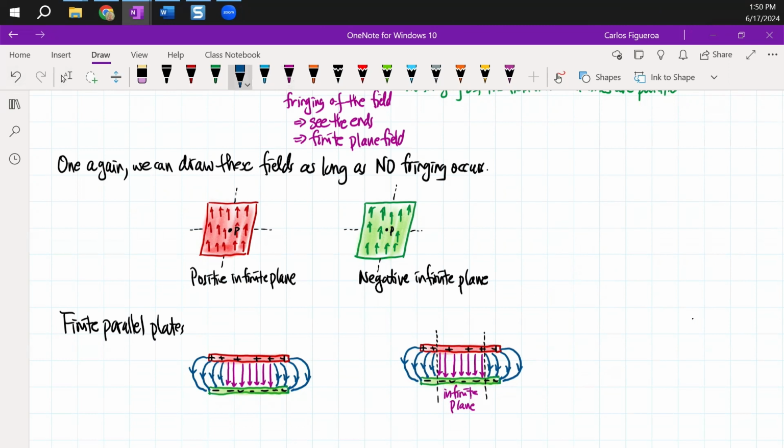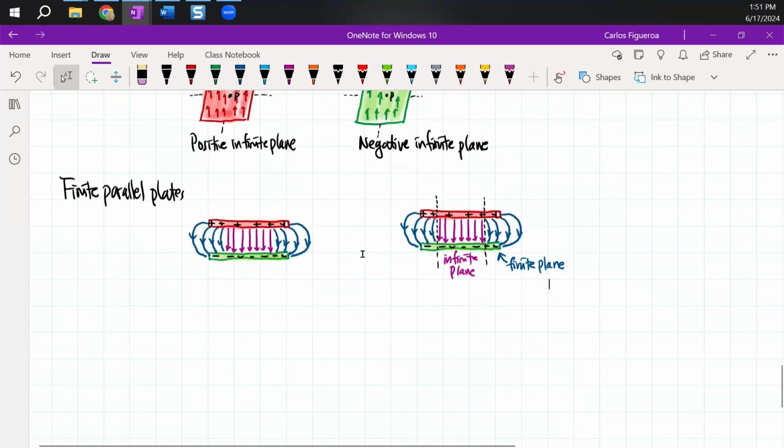And then the blue edges right here, this is due to a finite plane. You can separate out the two fields. So it's only a small region that happens.